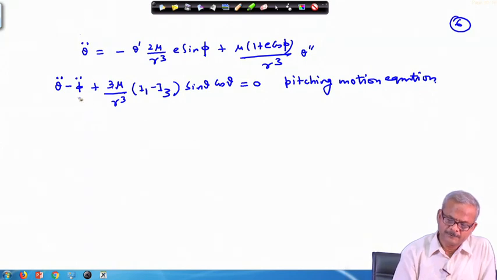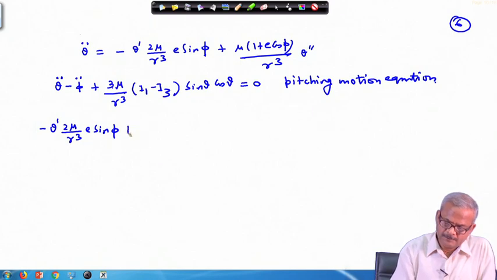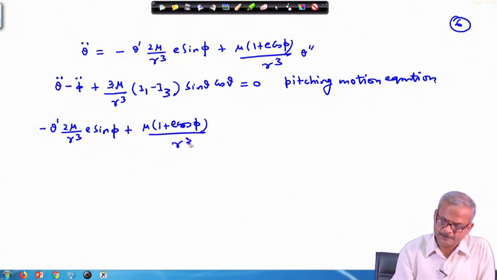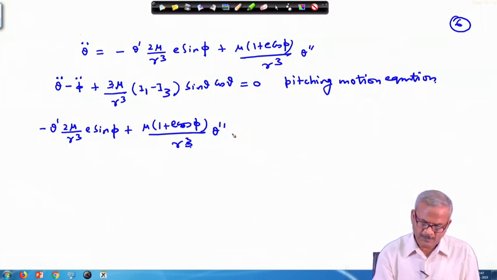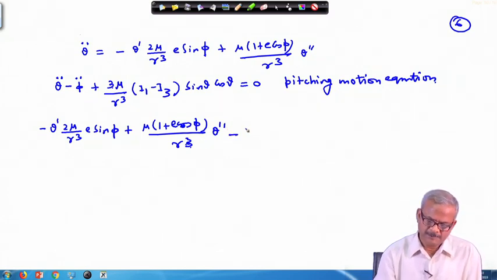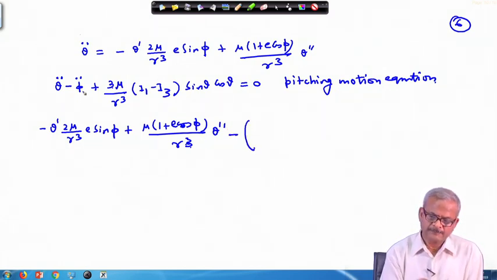And we need to insert the respective quantities here. So, theta double dot we can insert from this place, 2 mu by r cube E sin phi plus E cos phi divided by r cube, and then minus theta phi double prime.